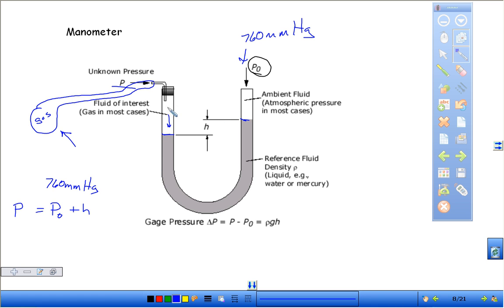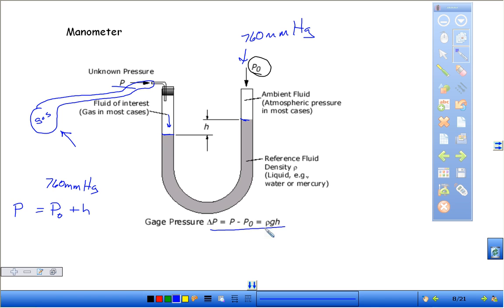If the mercury was pushed up higher on the gas chamber side, the outside pressure would be higher. And so this is what's called a closed-ended manometer, and so we're able to calculate the pressure. It's simply a U-tube where we capture a gas and then watch the mercury shift. And down here you'll notice they have the equation written out. The change in pressure is equal to the pressure minus P naught.